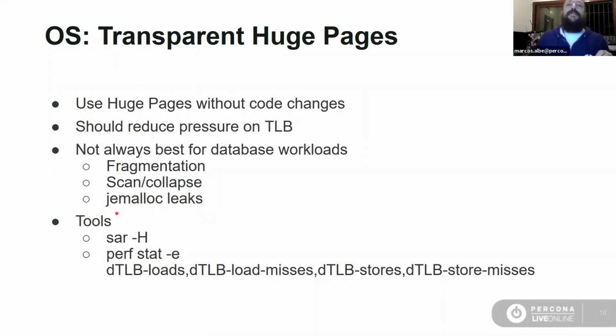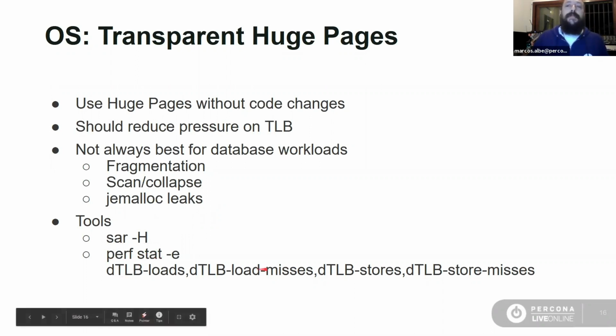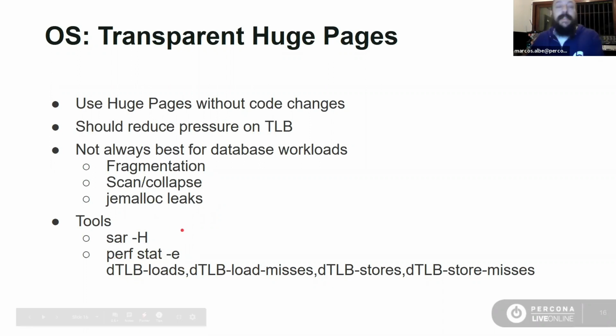So these are known problems with THP. You can observe them with sar -H, and you can observe the TLB hit ratios with perf stat. We're going to take a look at that later.